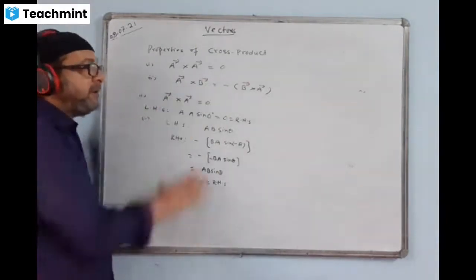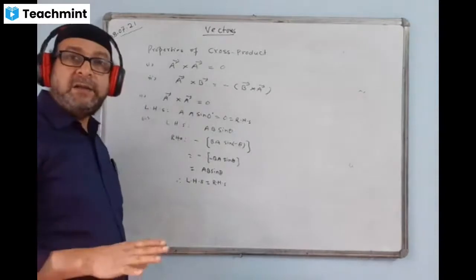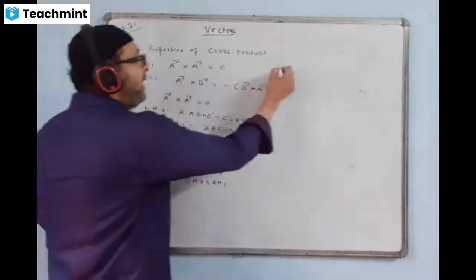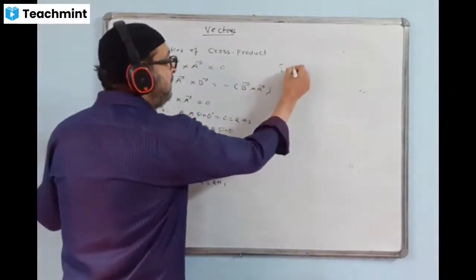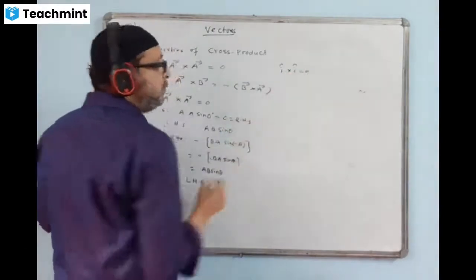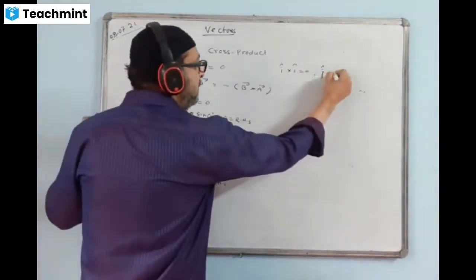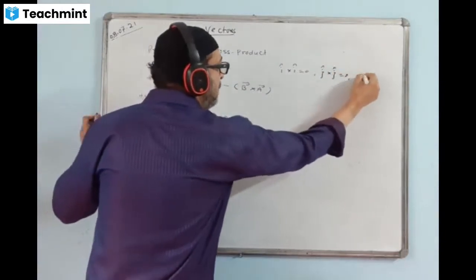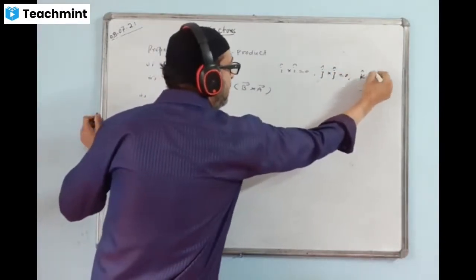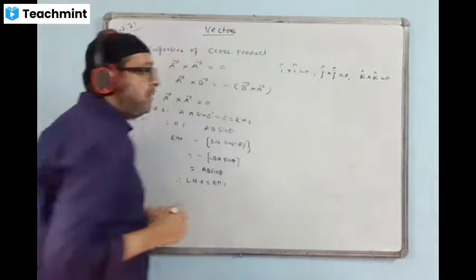Now the same property related to i and j unit vectors. i cross i, the cross product, I write as 0. Same way, j cross j is 0, and k cross k is 0.